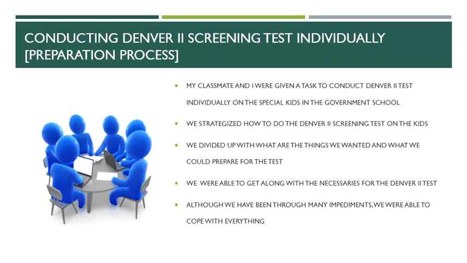Afterwards, we divided up what other things we wanted and what we could prepare for the test. We were able to get the necessities for the Denver 2 test. Although we went through many impediments, we were able to cope with everything. All through the preparation process, both my classmates and I assisted each other to fulfill everything that was necessary.